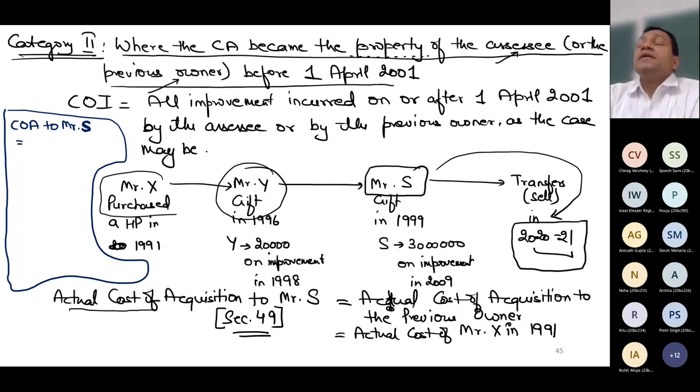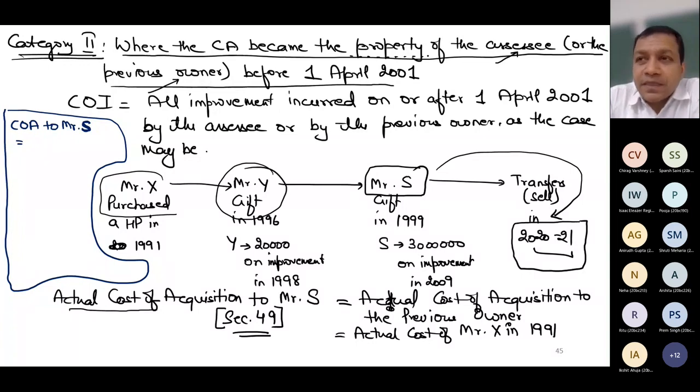Category 1 was trademark, etc., which is not the case. Category 2 was shares, not this house property. Category 3, long-term assets, 112A. Category 4, liquidation, not there. Category 5, subdivision, not there.